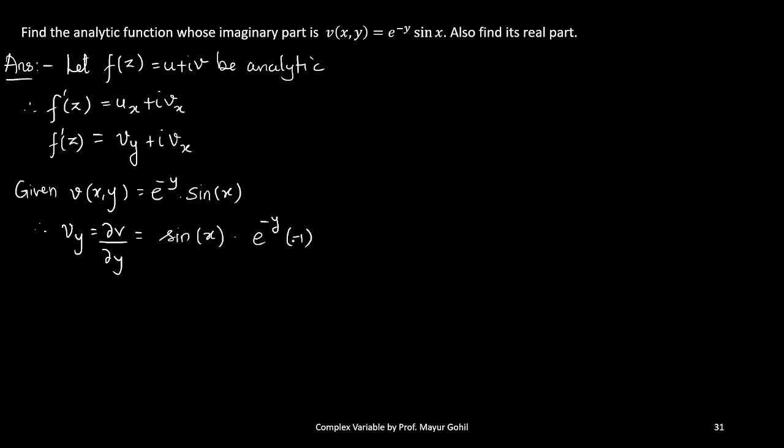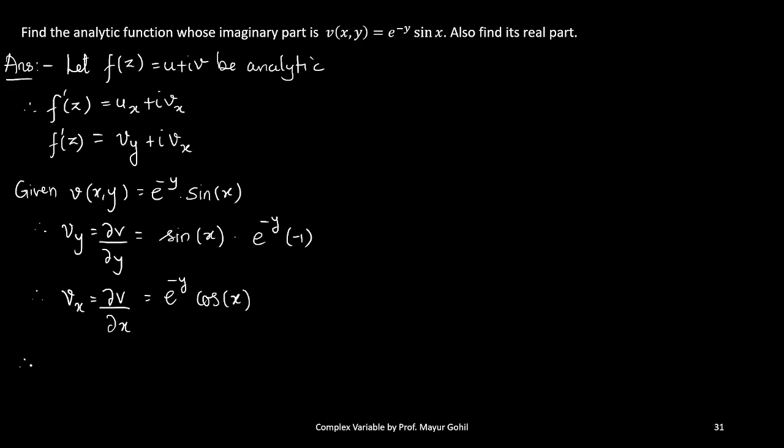This is what we get. Now we do not put any labeling over here. Now vx is going to be ∂v/∂x. So when we get that, e to the power minus y is constant and the derivative of sin x is cos x. Okay, so we got this.